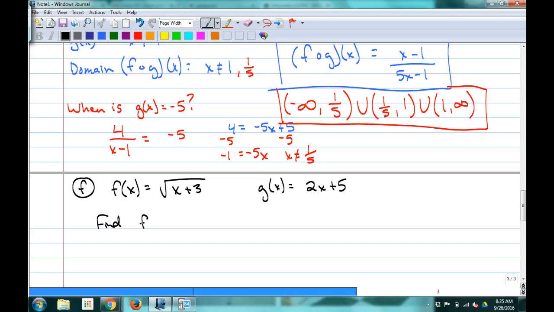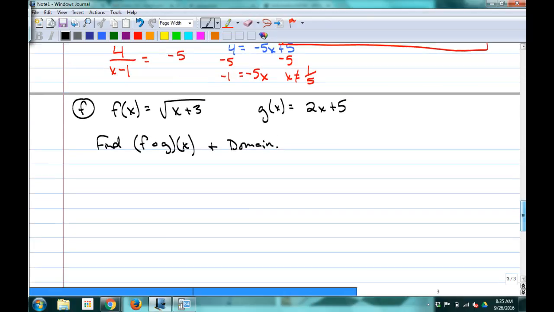Find f composed with g of x, and the domain, because the domain's the fun part, right? All right, so let's get that function composition out of the way.